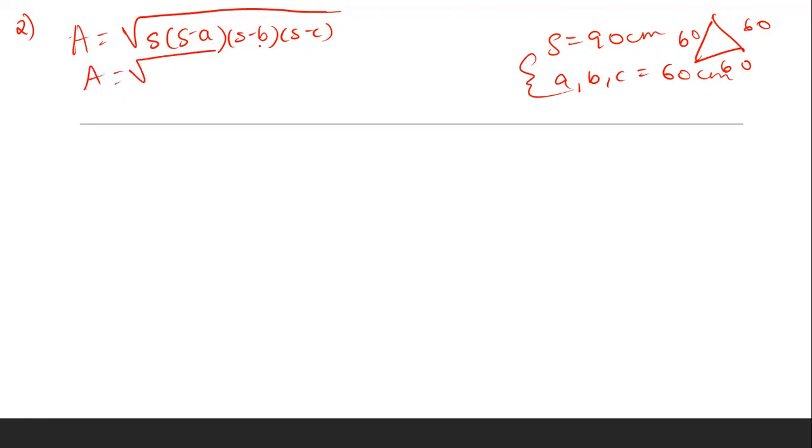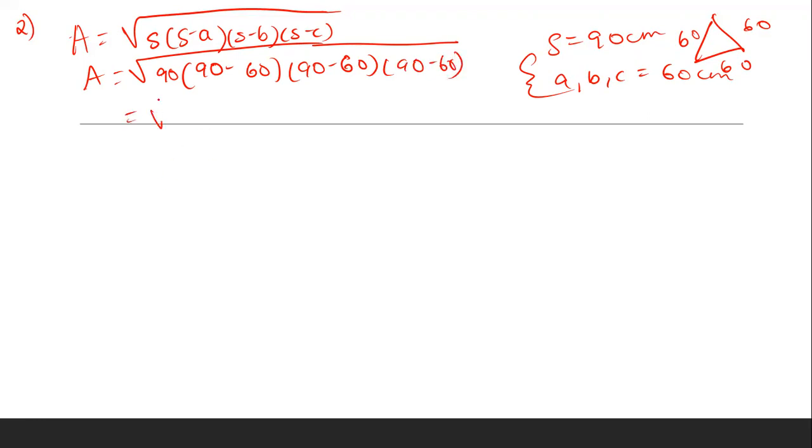So area is equal to square root of s, which is nothing but 90, into 90 minus a, which is 60, and 90 minus b, which is 60 again, then 90 minus c, which is also 60. So now when we subtract, we'll get 90 into 30 into 30 into 30.